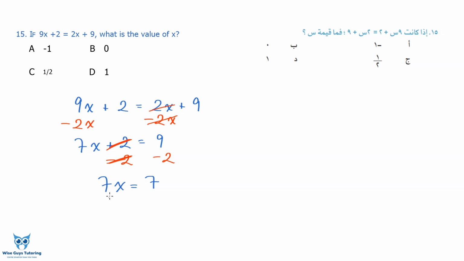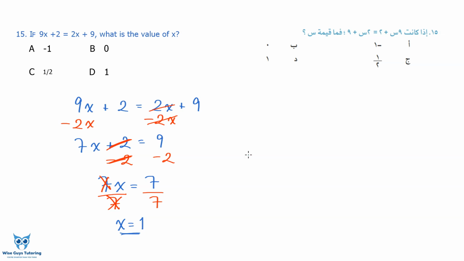To undo a multiplication, I have to divide. So I divide by 7 on both sides. Always do the same on both sides. Now multiplying by 7 and dividing by 7, they undo each other. I'm left with x is equal to 7 divided by 7, and that's equal to 1.